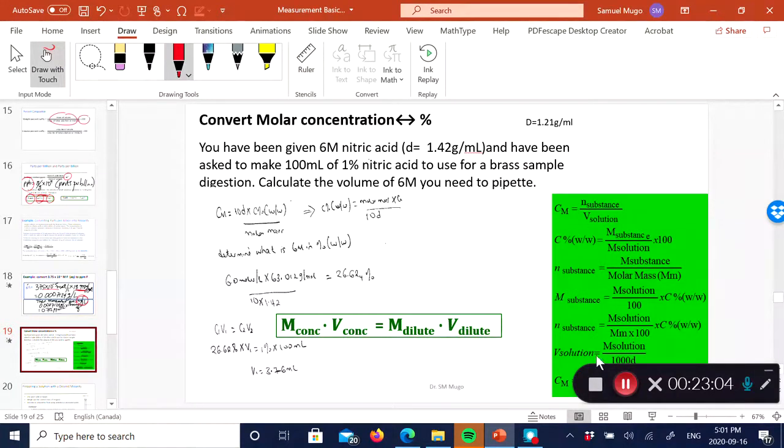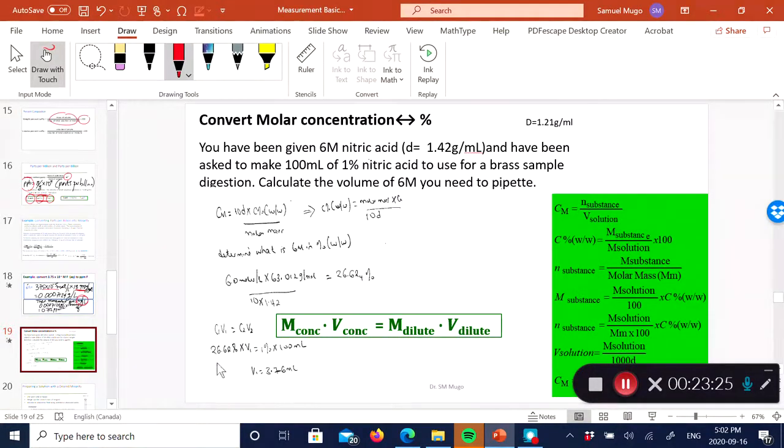And I've tried to derive that relationship here. So the 6 molar, you can convert it to percent just by substituting into that equation.